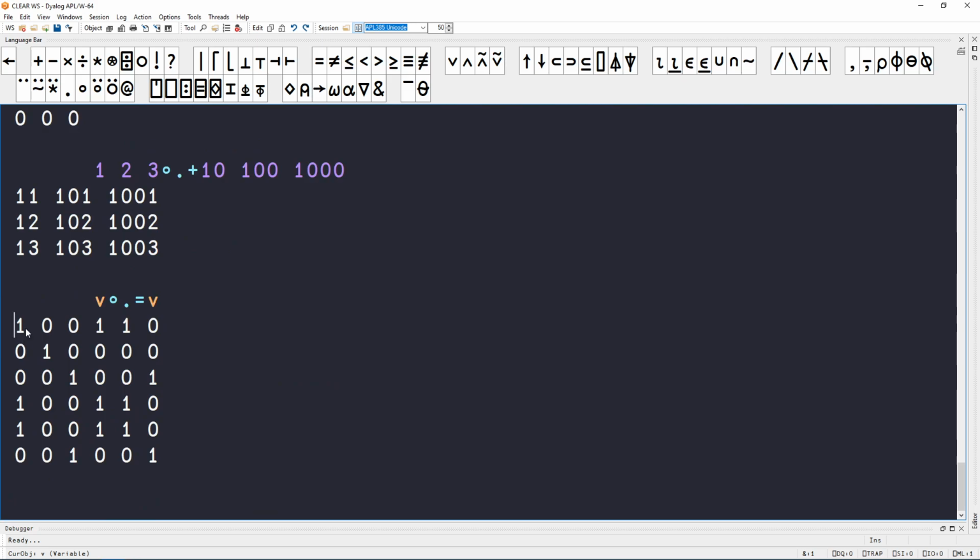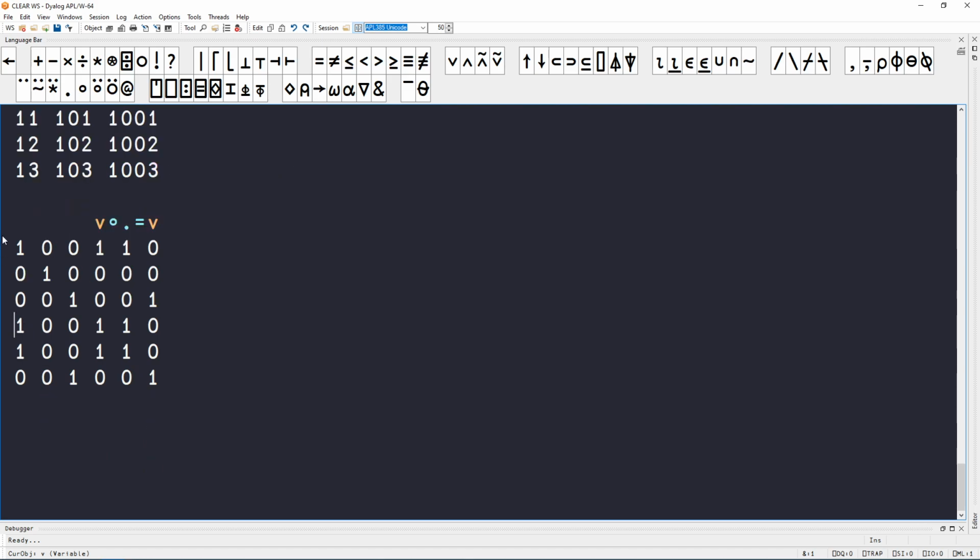So what we're going to do is take the outer product and compare V with itself, and we get a matrix with 1s in the diagonal because every element is equal to itself. And then we have these 1s over here. Now we can either try to turn half of these 1s off, because we don't care about the different ij combinations, we want only unique pairings, and also we don't care about the diagonal.